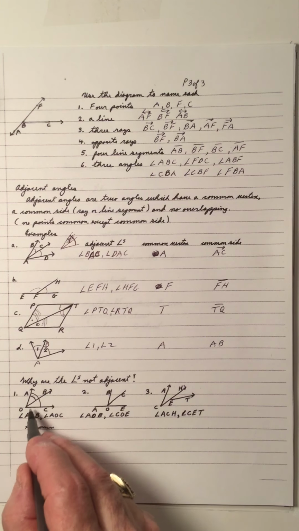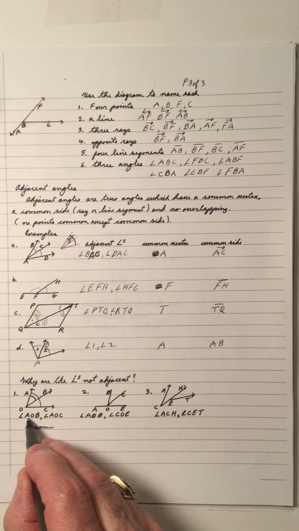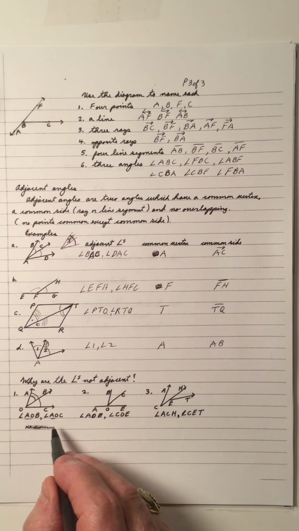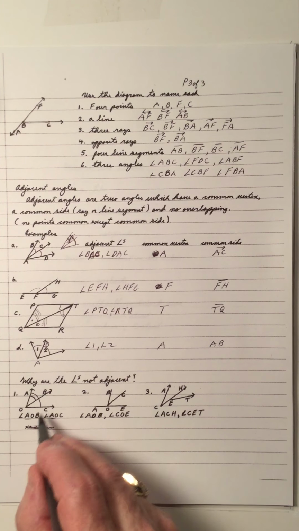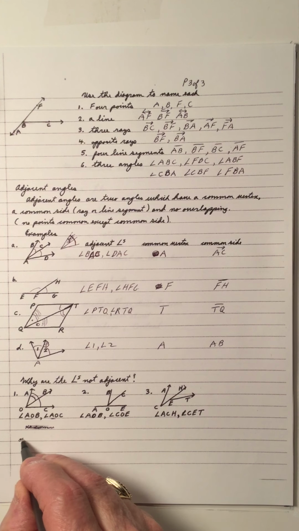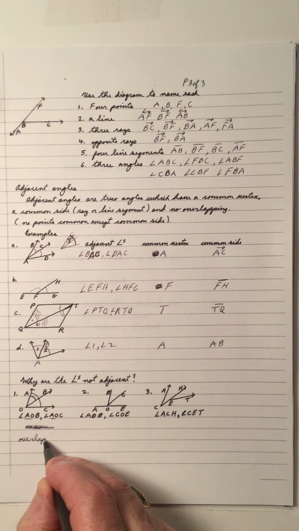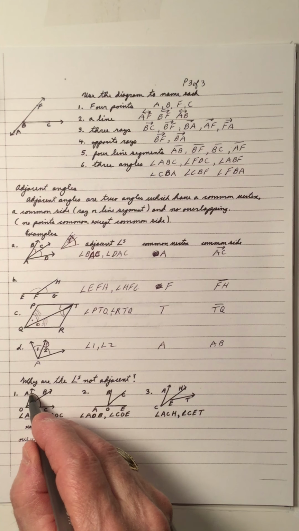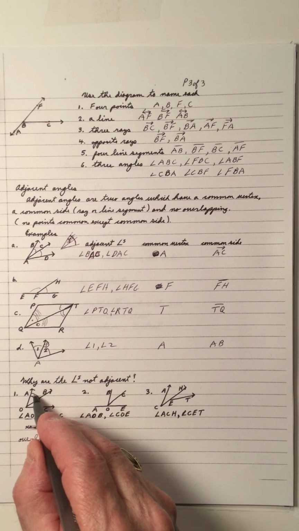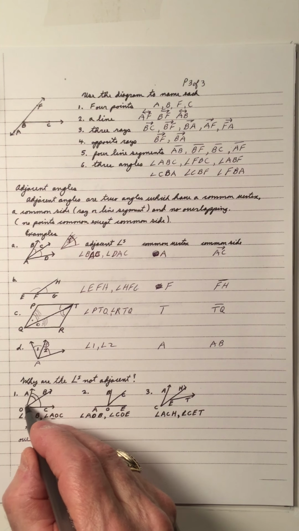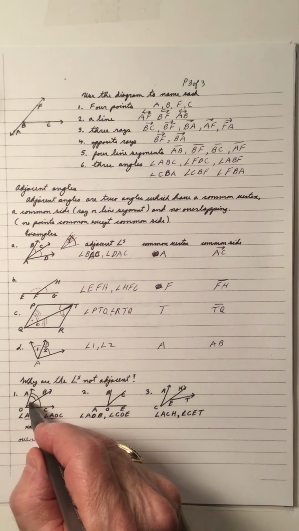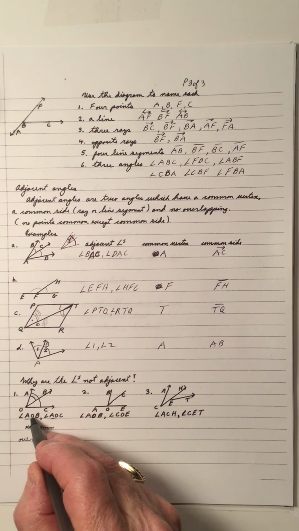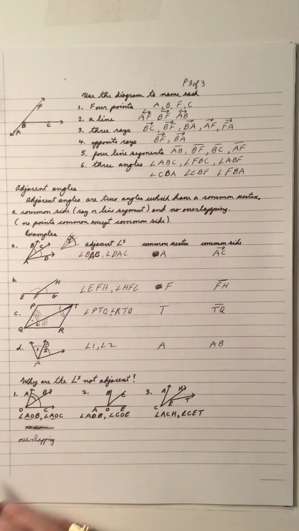I'm not careful enough. They have OA as the common side. Look, AO. The ray OA is the common side. So why they're not adjacent is there's overlapping. So just be careful. There's overlapping here. So angle AOB is also included in the angle AOC. But they do have a common vertex, right? O. They do have a common side, OA, but there's overlapping.